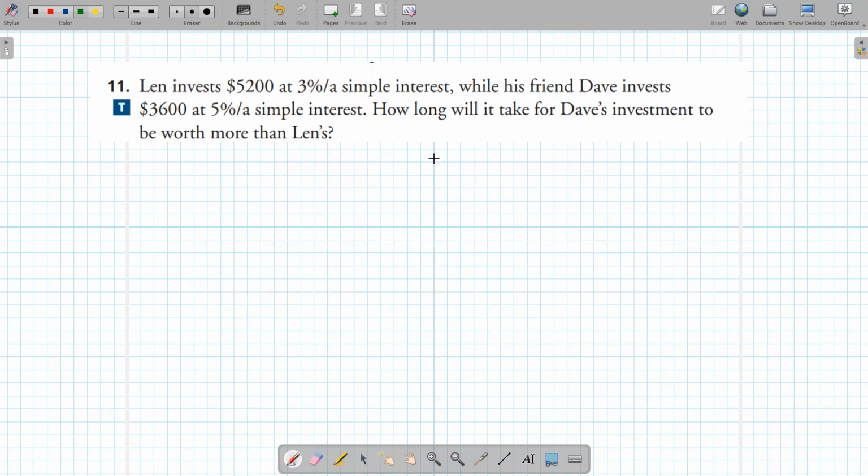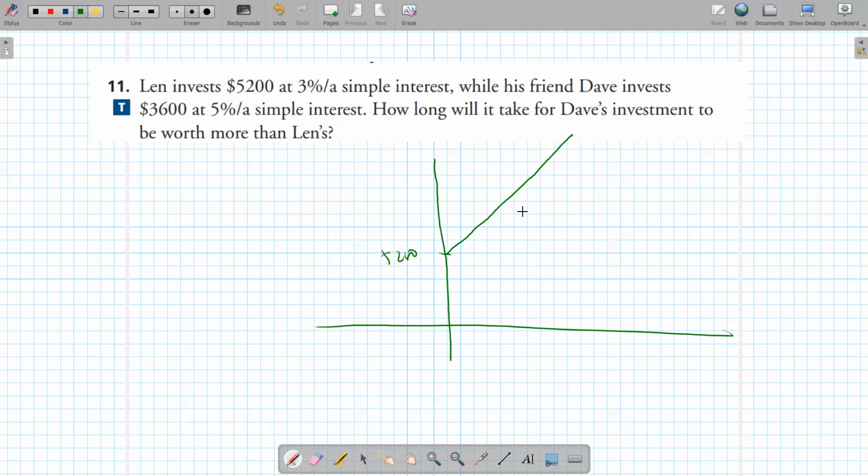How does this work? So this Len guy, he's gonna start off with $5,200, yeah? And it's gonna go up, right? And the amount that it goes up by is the interest, right? He's gonna earn some interest. The formula for interest for 1 year is just PR.